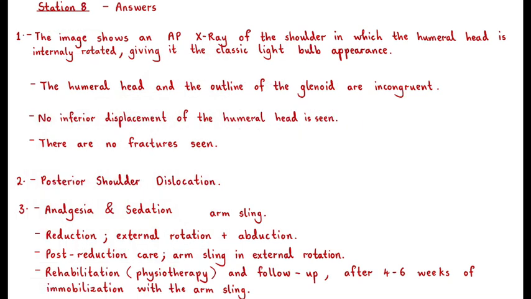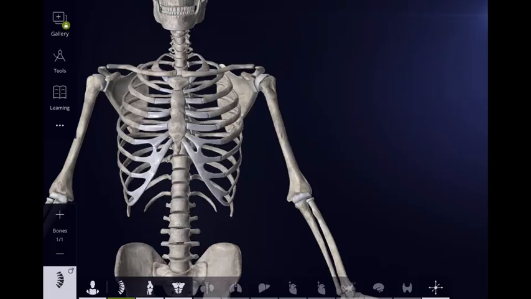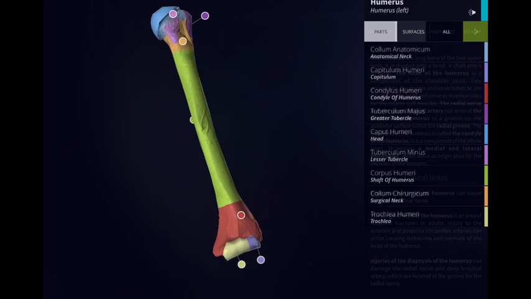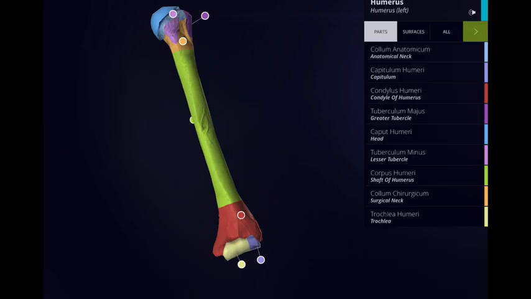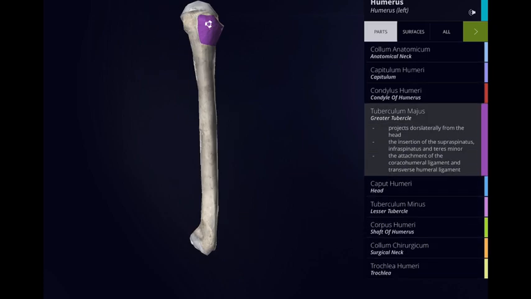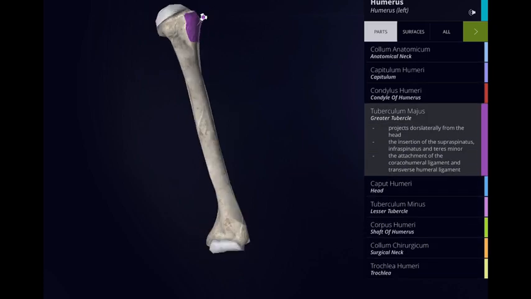So the image shows an X-ray of the shoulder in which the humeral head is internally rotated, giving it the classic light bulb appearance. So normally in a frontal view of the humerus, you should be able to notice this prominence of the greater tubercle right here.